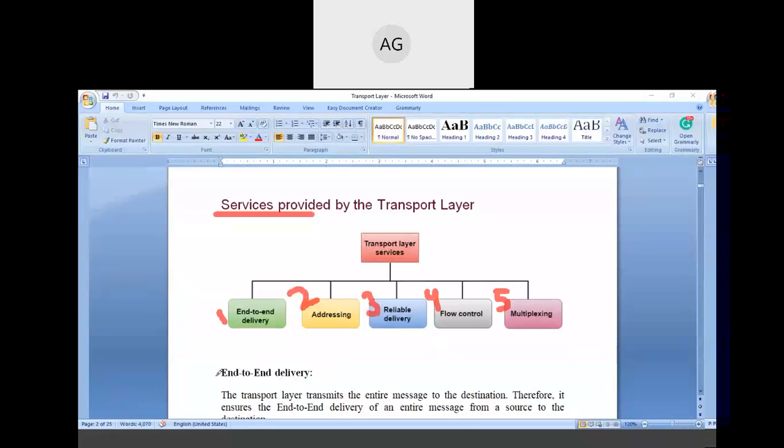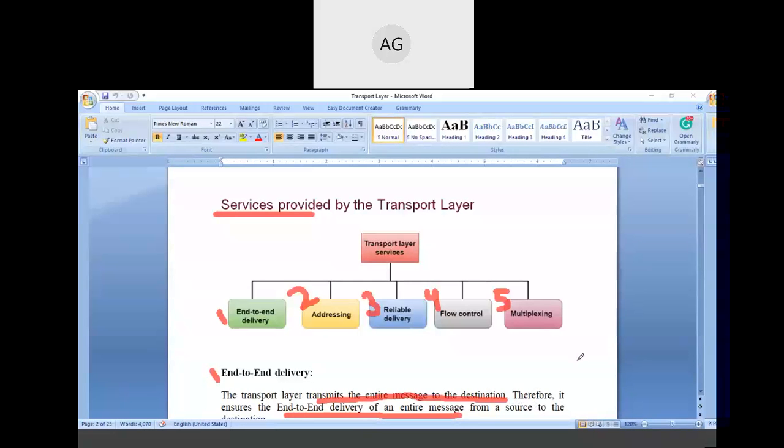So first is the end-to-end delivery. The transport layer transmits the entire message to the destination. Therefore, it ensures end-to-end delivery of the entire message from a source to the destination.